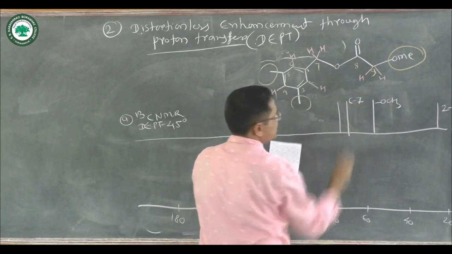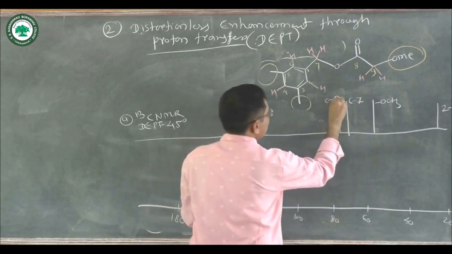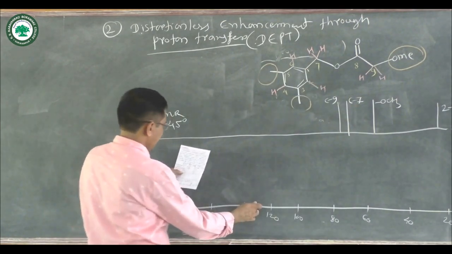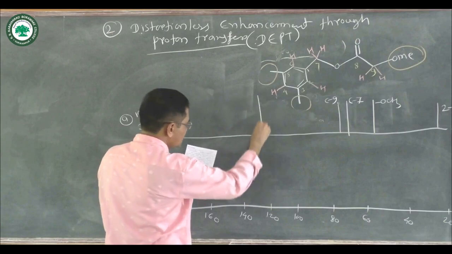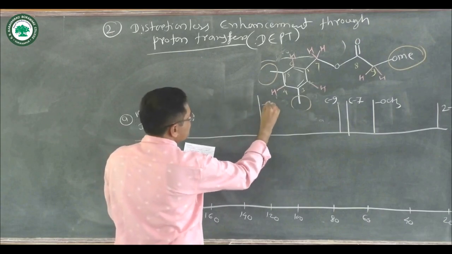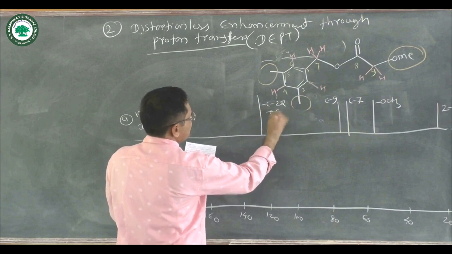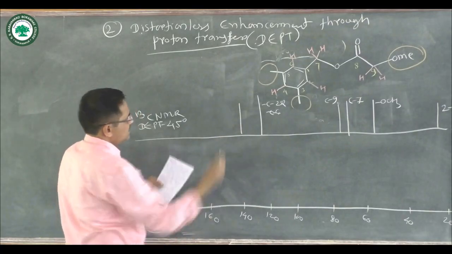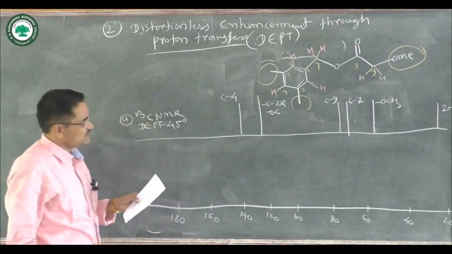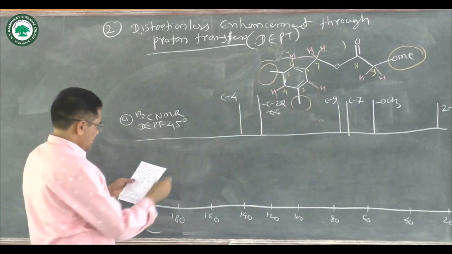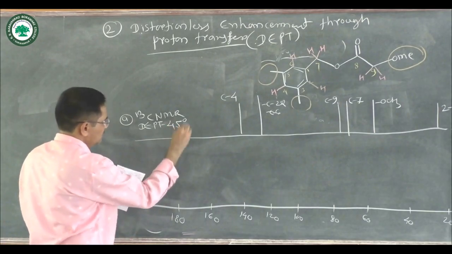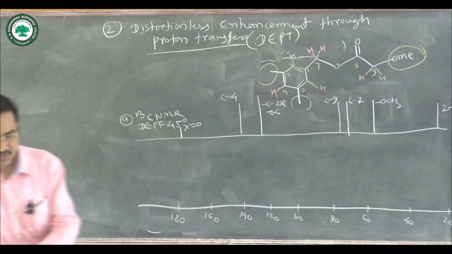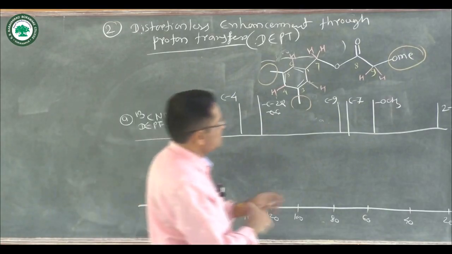This is for C7, here C9, this is C2 and C6, this is C4, and here the signal for C=O.